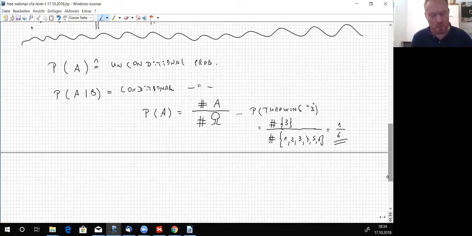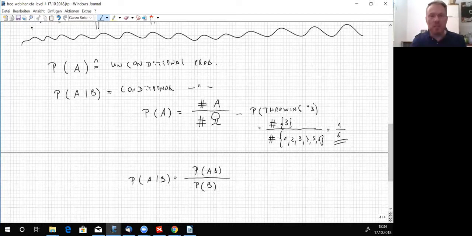And the conditional probability of A given B is this. It's the probability of A and B happening at the same time, AB, divided by P of B, the probability of the event having taken place first. So the event having taken place first needs to be there.